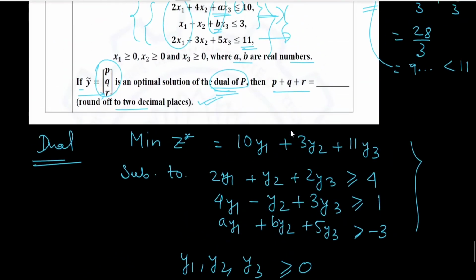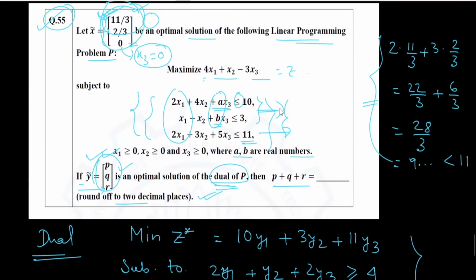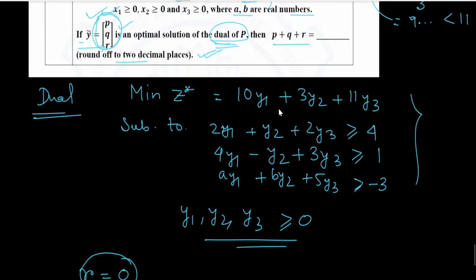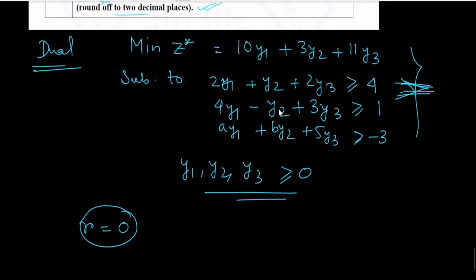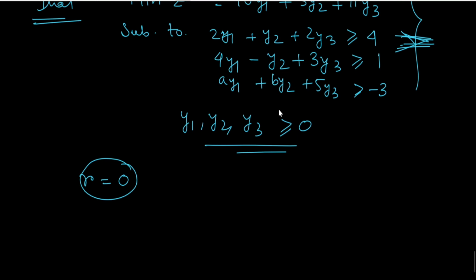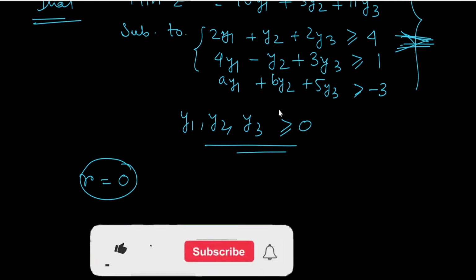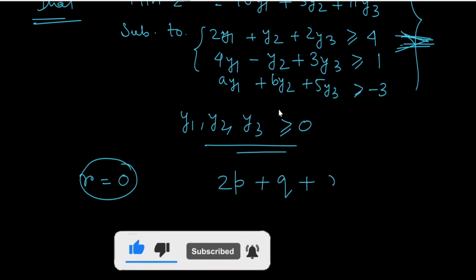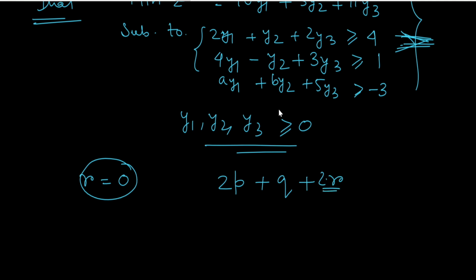Since PQR is an optimal solution, PQR satisfies these two constraints as equalities. That means the form of these two constraints becomes 2 into P plus Q plus 2 into R, and the value of R should be 0 from here.